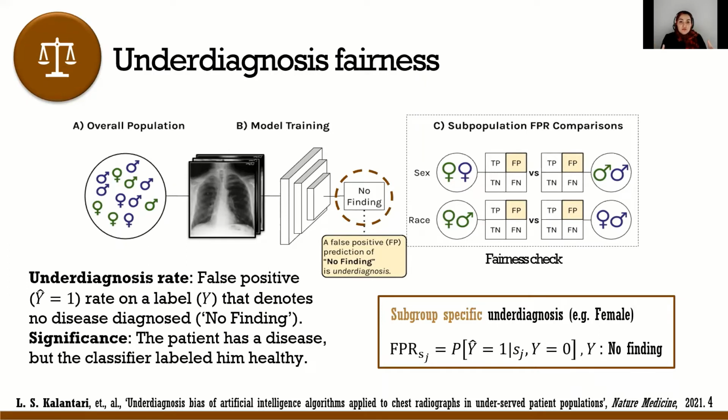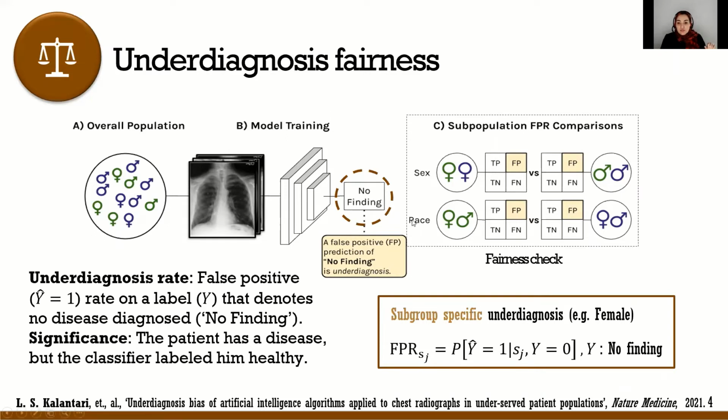Therefore, the patient will not receive treatment in a timely manner. And you can imagine if you have such a system in triage where it doesn't have equality of opportunity in underdiagnosis for all patients, it would be harmful for those patients who have a higher underdiagnosis rate.